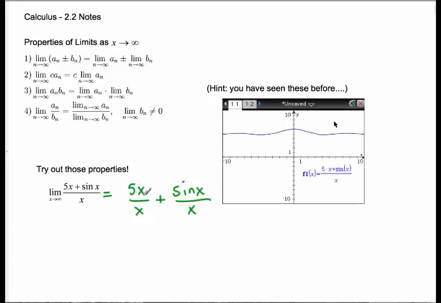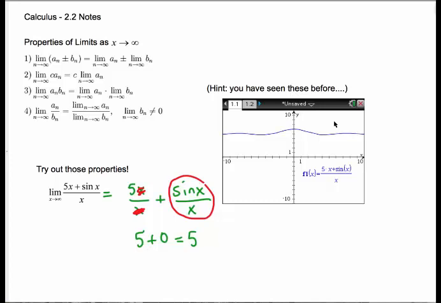And as the limit goes to infinity, by the way, look here, these x's cancel. So this guy's just going to be 5 plus, and then over here, remember we just looked at this one, sine x over x. That limit as it goes to infinity is going to be 0. And so using our properties, as x goes to infinity, we're going to see that we should get 5. And that is what the limit is as x goes to infinity.